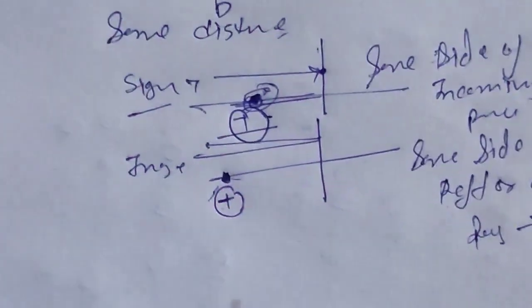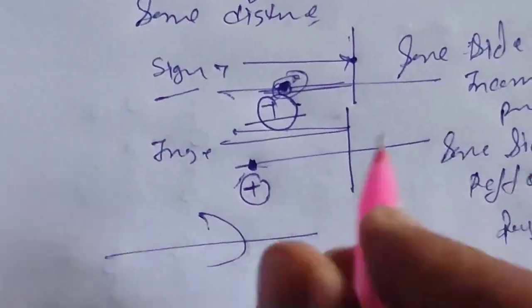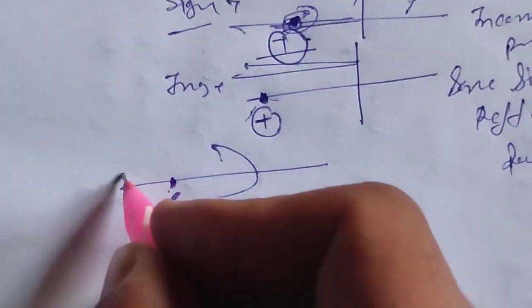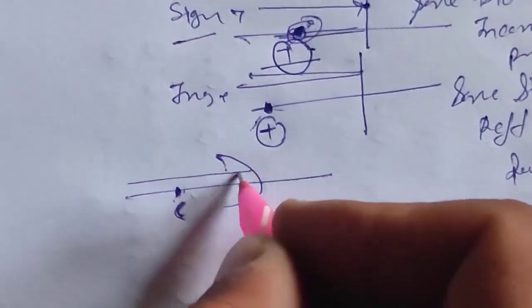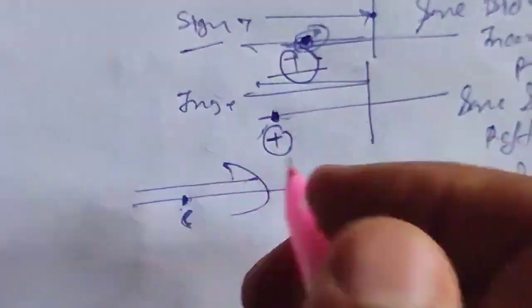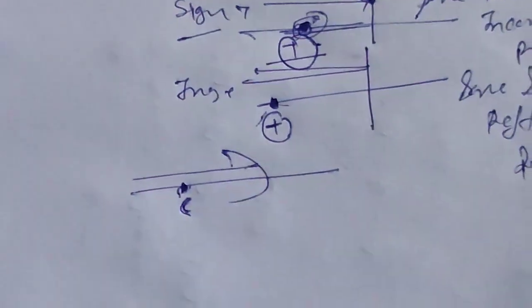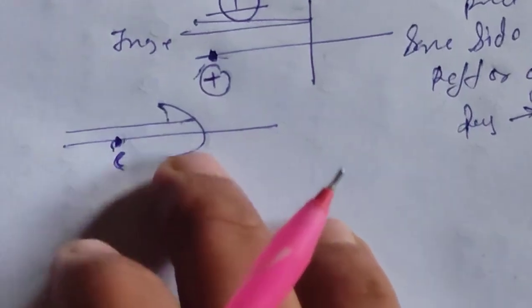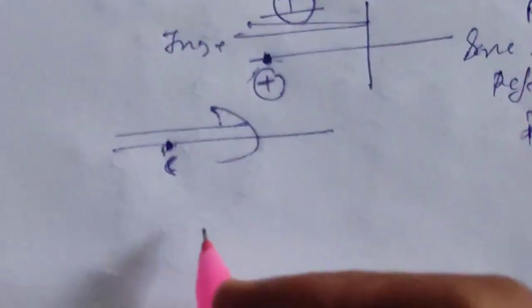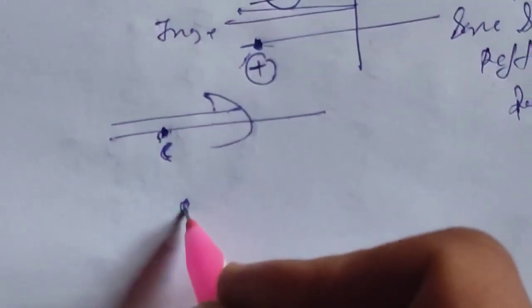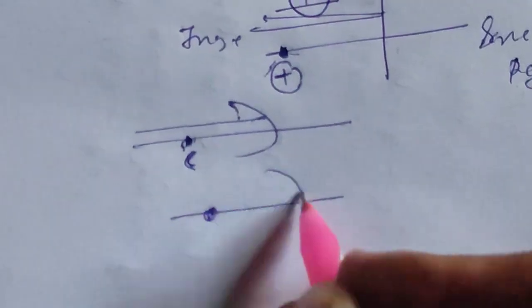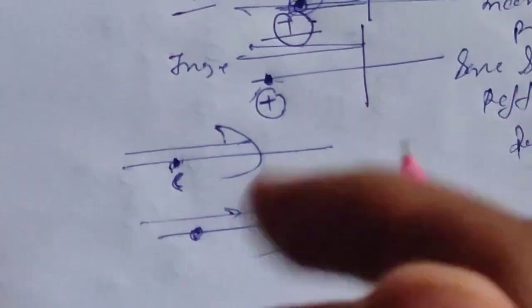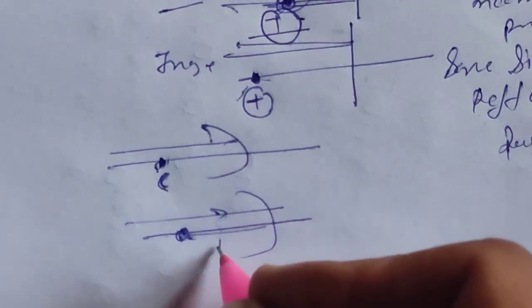For a spherical surface, we talk about the center of curvature. In a spherical mirror, either concave or convex, if the center of curvature is on the same side where the incident and reflected rays are, then the radius of curvature is positive.